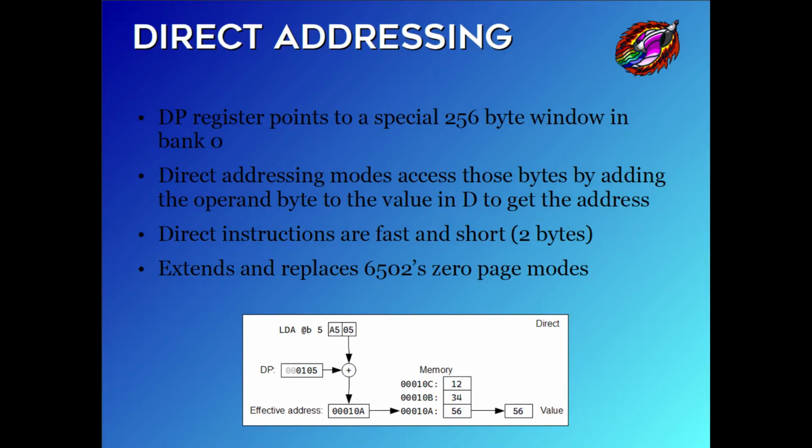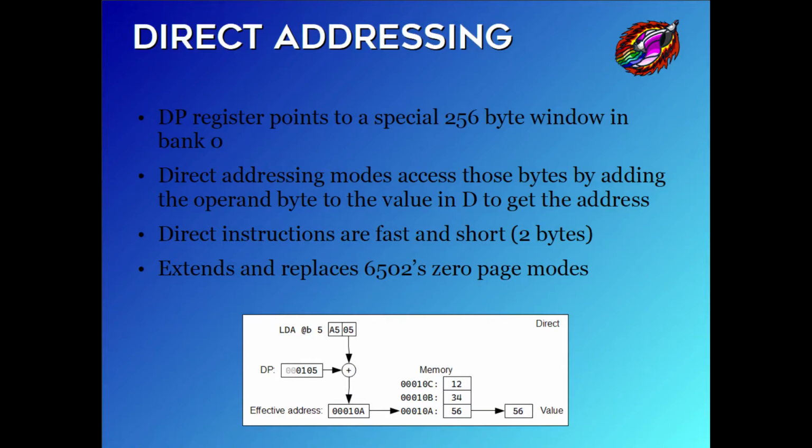And the way this addressing mode works is that the instruction will take a single operand byte, and that byte in the operand is added to the value in the direct page register to get the address of the location that your instruction wants to use. Now, why is this interesting? Well, one of the reasons is that direct instructions are very fast, and they're also short in that the instructions are just 2 bytes.